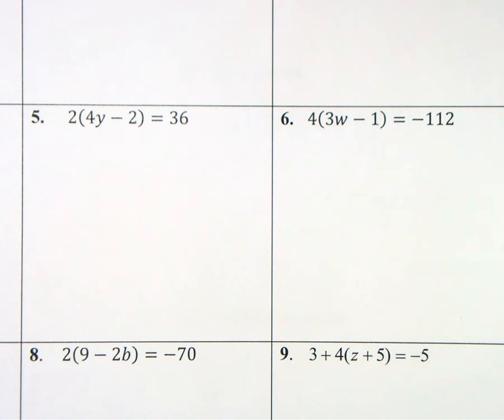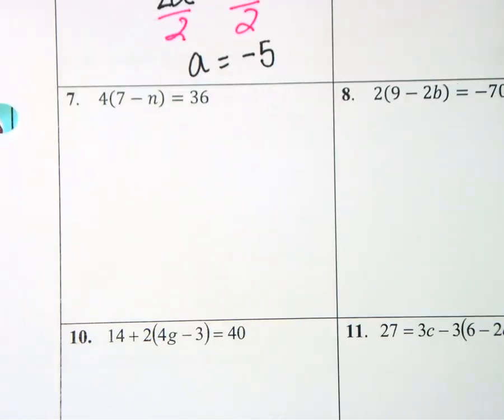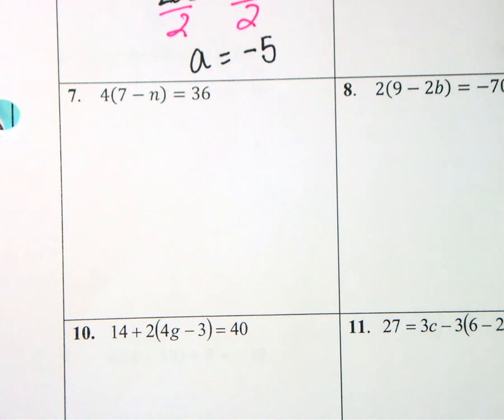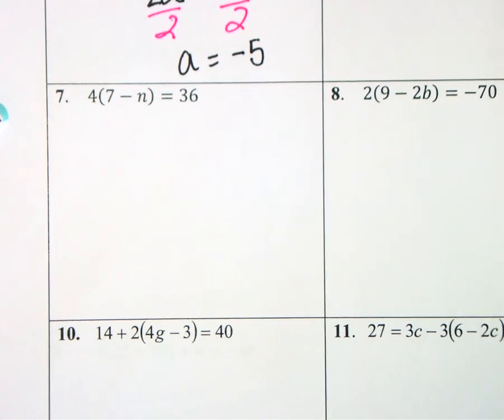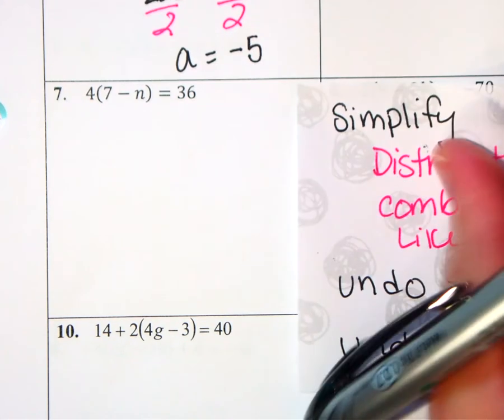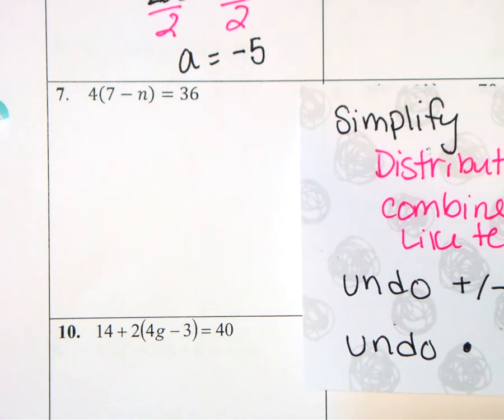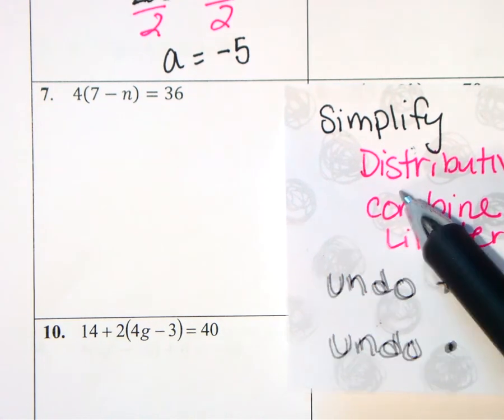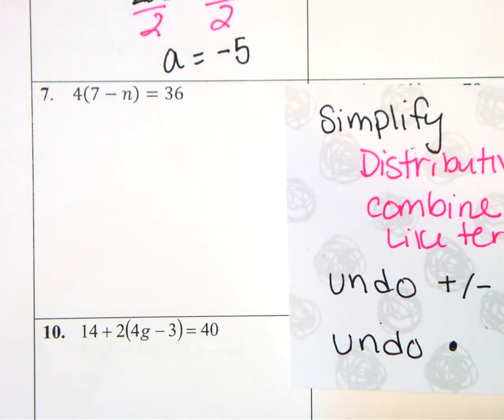Okay, let's go over to problem number 7. Let's just slide right down to number 7. Okay, so again, if we're looking at our steps, do you have a distributive property that you need to deal with? Yes, because I have parentheses.